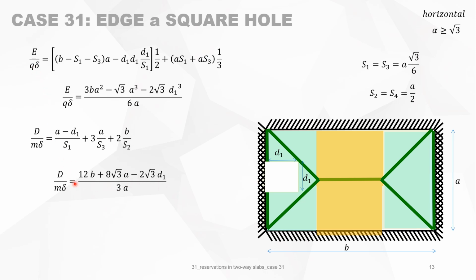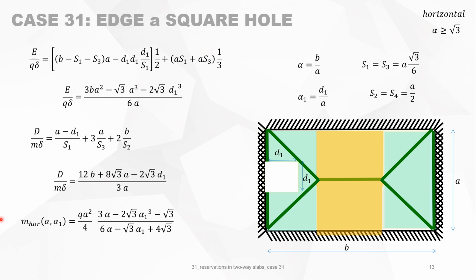We substitute the values of S, then E is equal to D, and we get M from it. But at the same time, we will use dimensionless parameters. And then you have an expression of the maximum bending moment in case of the horizontal situation, which is equal to this formulation.